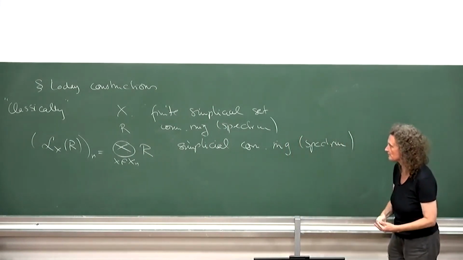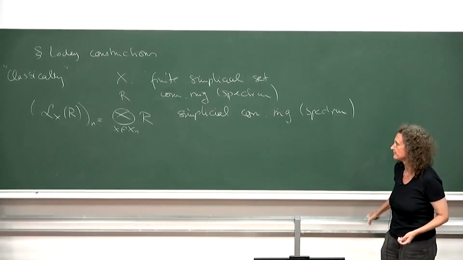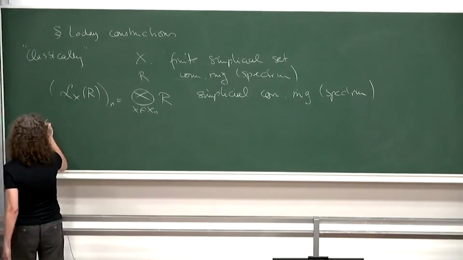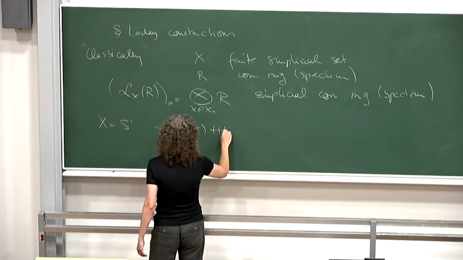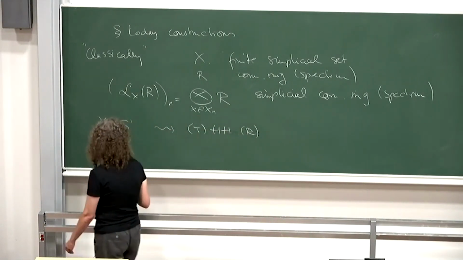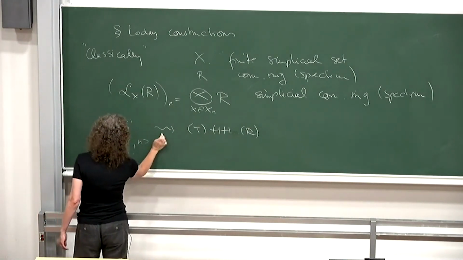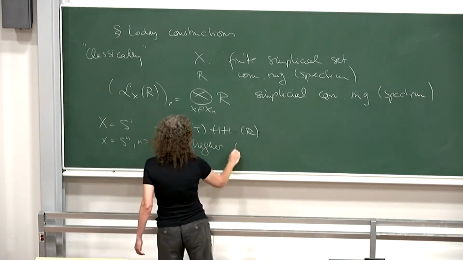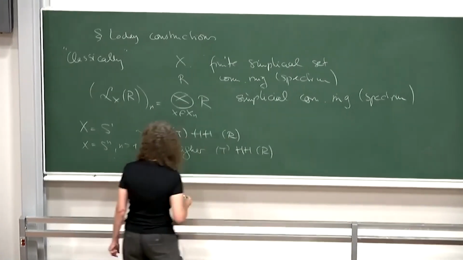And you all know special cases. So if X is S^1, this gives Hochschild homology. Well, the simplicial thing, if you take S^n for n bigger than 1, you get higher THH of R for higher dimensional spheres.